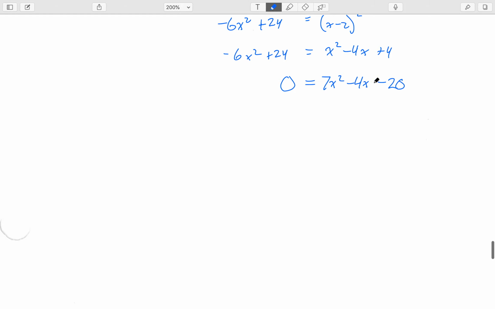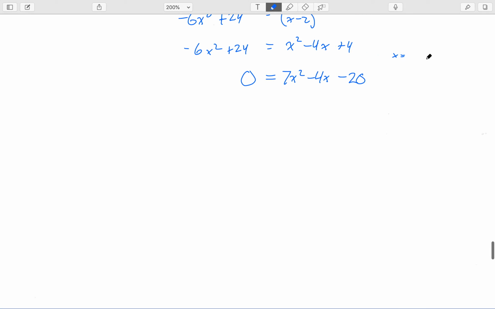Two numbers that multiply to give me negative 140, and they add up to negative 4, that'd be 14 and 10, wouldn't it? Hang on, minus 4. Minus 14? Yeah, that'll work, because I want two numbers that multiply to negative 140 and add up to negative 4. There it is. This one actually factors pretty easily.